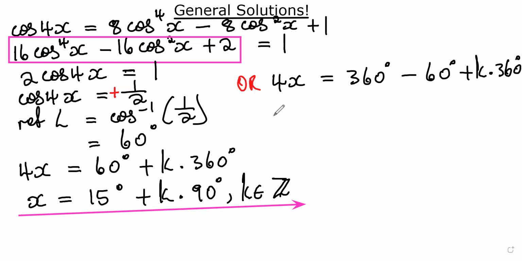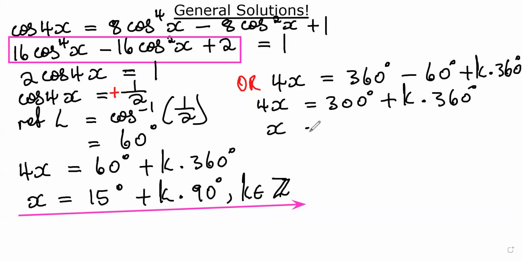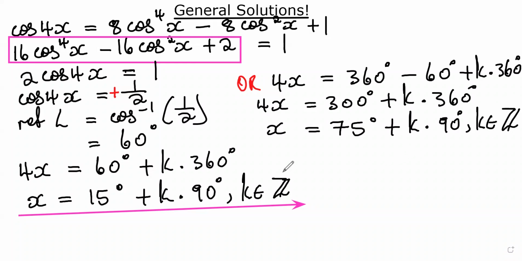Then we simply get 4x, which is 300 degrees, plus k times 360. And dividing throughout by 4, well, 300 divided by 4 is 75. Of course it is. And then we say plus k times 90 degrees. And this is where k is an element of integers.